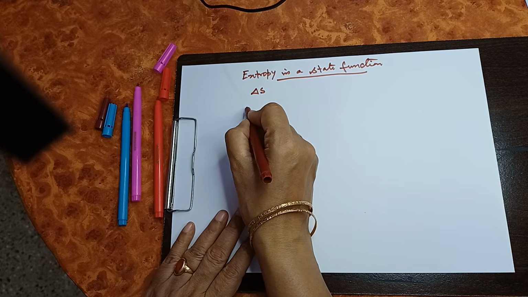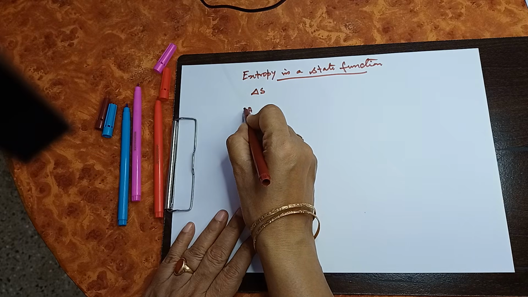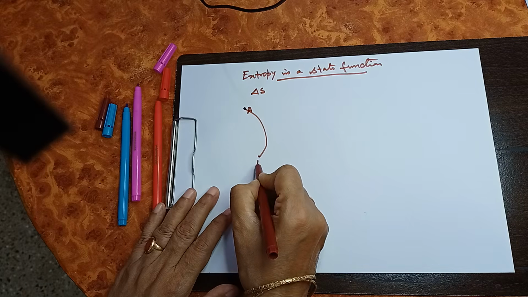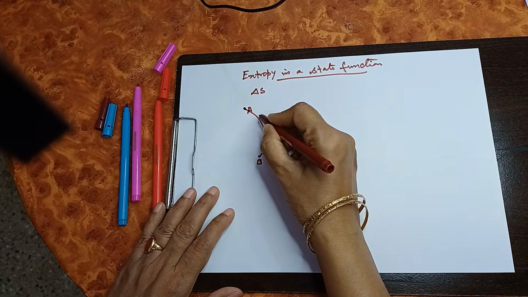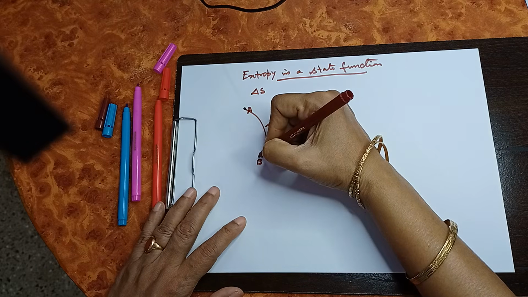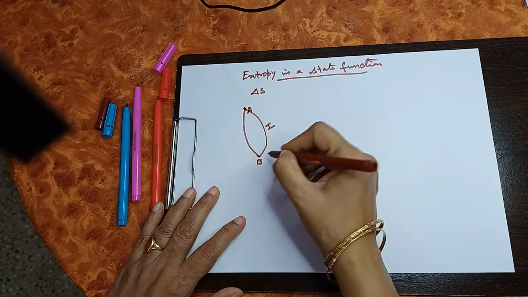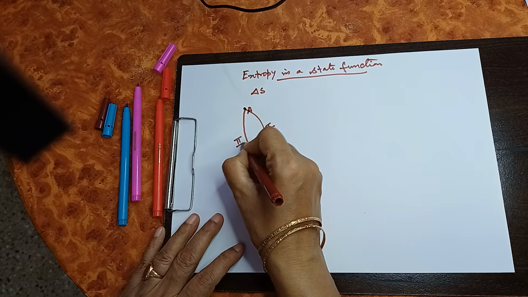For that, let us consider the system is in state A. From state A, it is going to state B via path 1. Then, once again, it is a cyclic process, so it is coming back to A via path 2.